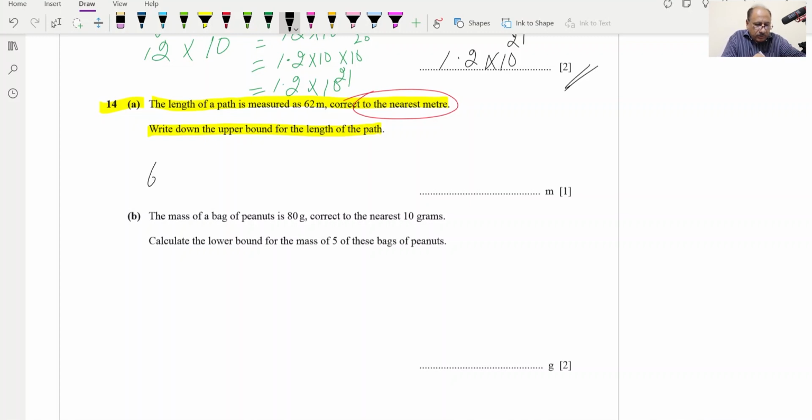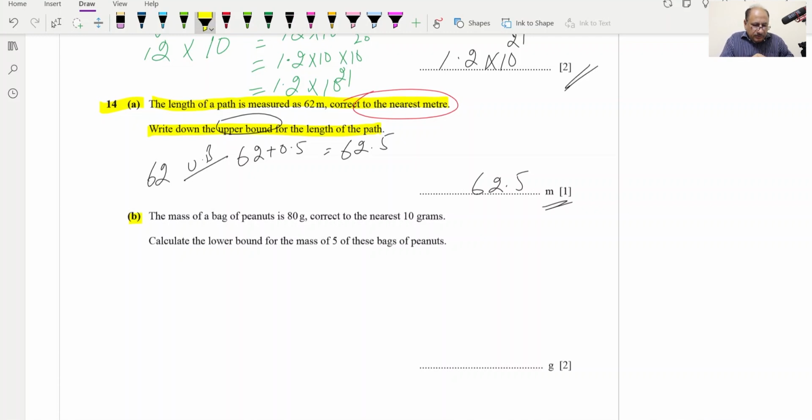It's not 6.2, it's 62 basically. So half a meter we add, so it will be 62 plus 0.5, which is equal to 62.5 meters. This will be the answer for 1 mark.